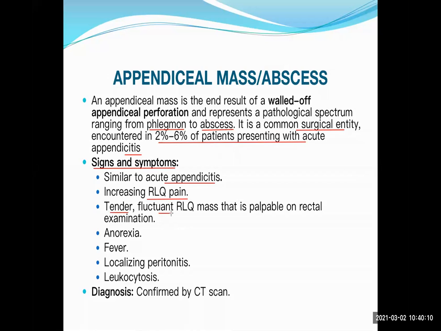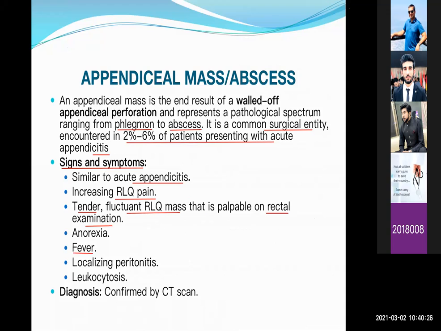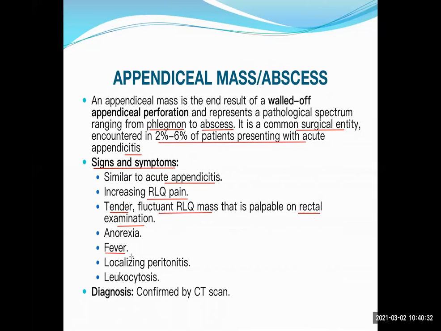It is a fluctuant right lower quadrant mass that is palpable even on rectal examination. We can feel it by per-rectal examination also. Patient may have high-grade fever, especially in case of abscess, but in case of appendicular mass, the fever may not be high. Anorexia is also there, there is localizing peritonitis, and there is leukocytosis as well.